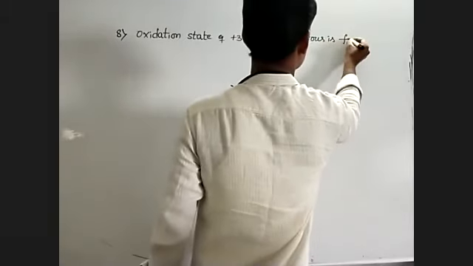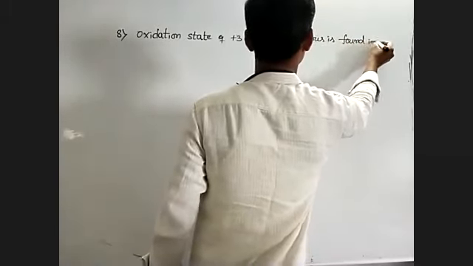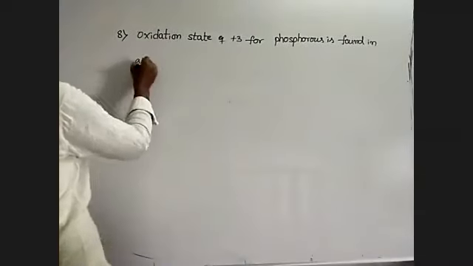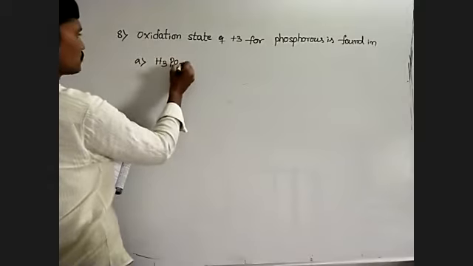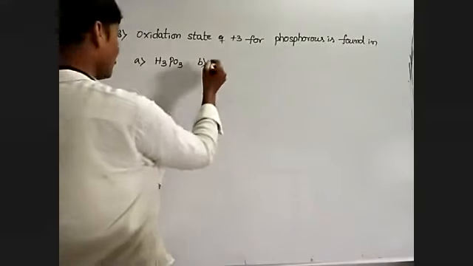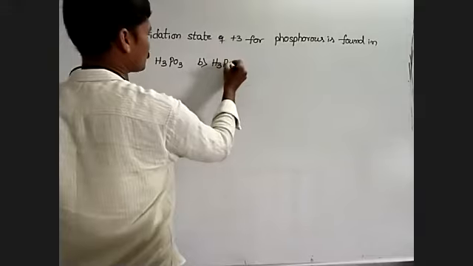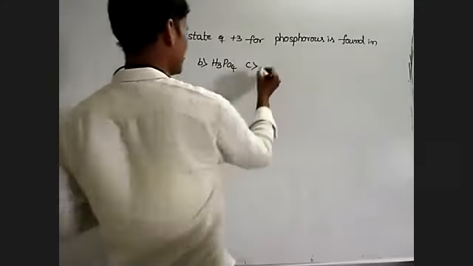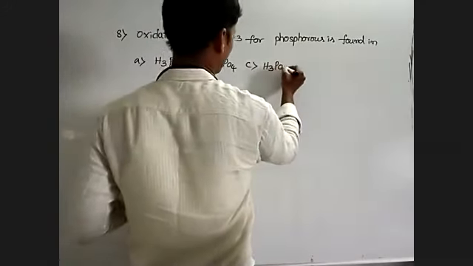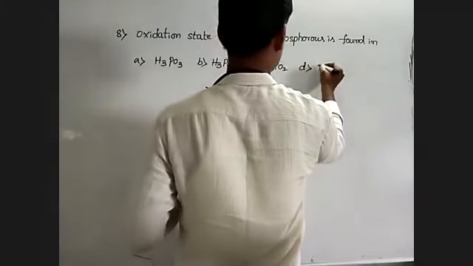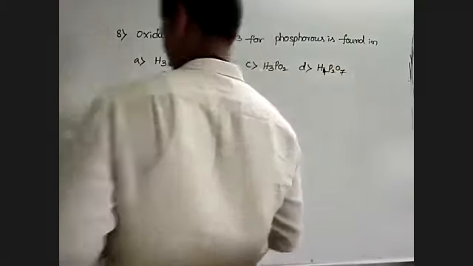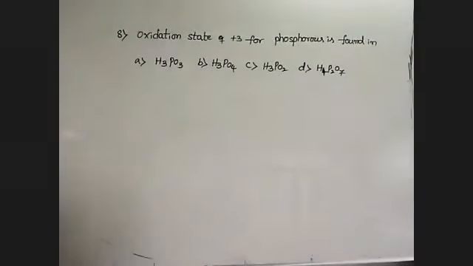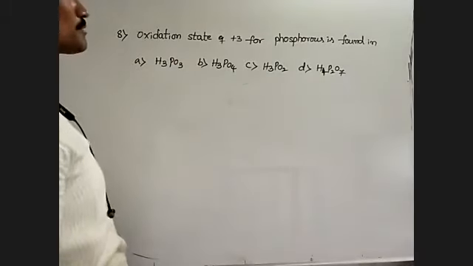So option A, H3PO3, B, H3PO4, C, H3PO2, D, H4P2O7. So what is the question? Oxidation state of +3 for phosphorus is found in.